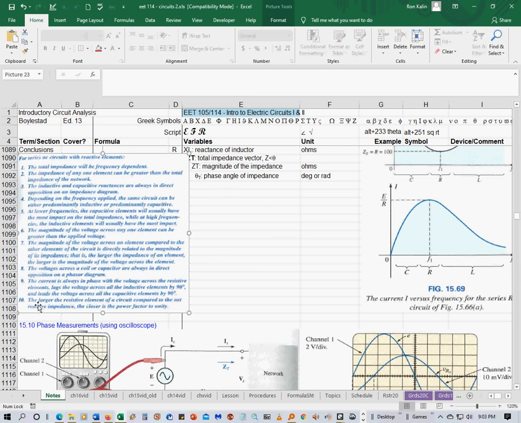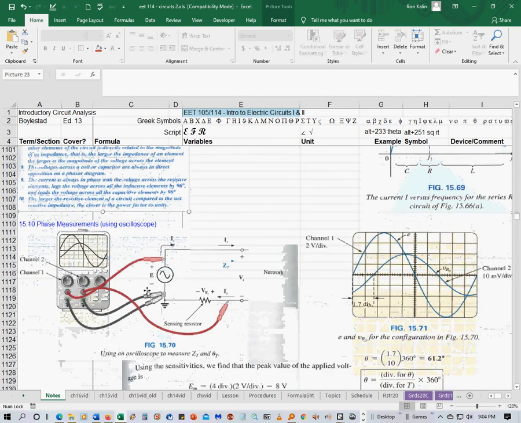And the last conclusion, the larger the resistive element of a circuit compared to the net reactive impedance, the closer the power factor is to unity. So a unity power factor would be fully resistive, which means the inductive and the capacitive elements are balancing each other out.